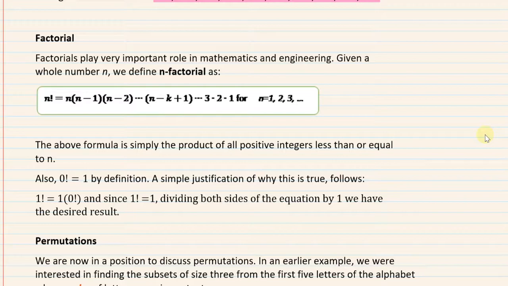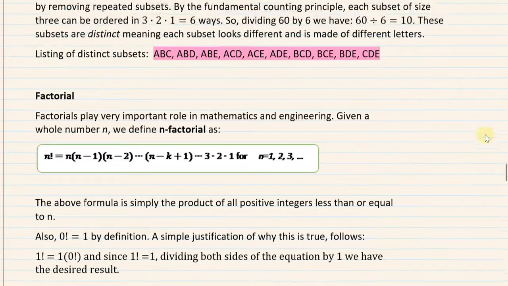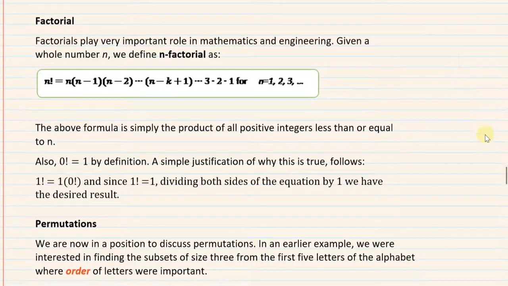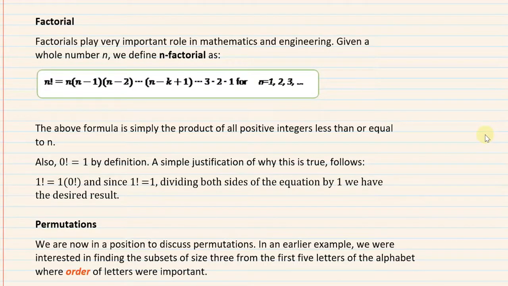Now, before we actually see a formula for what we did in this example, let's talk about factorials. Factorials are very useful in our work, particularly for what we're doing now. First, the exclamation symbol means factorial.